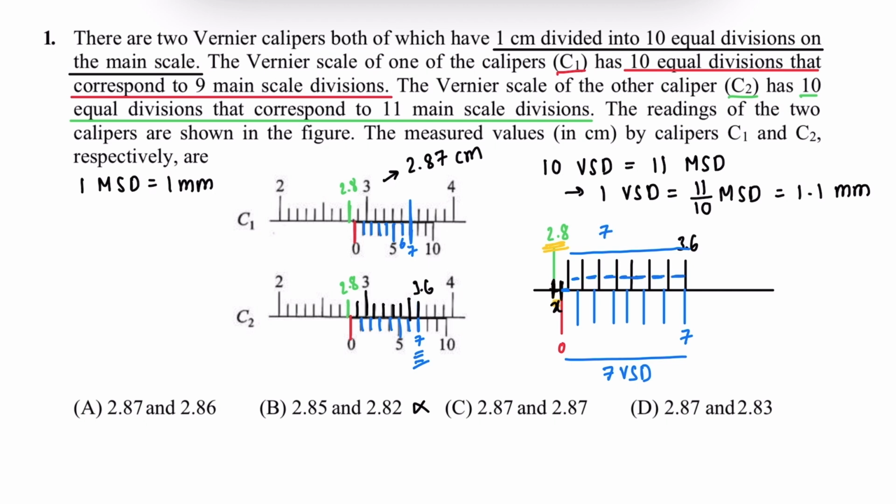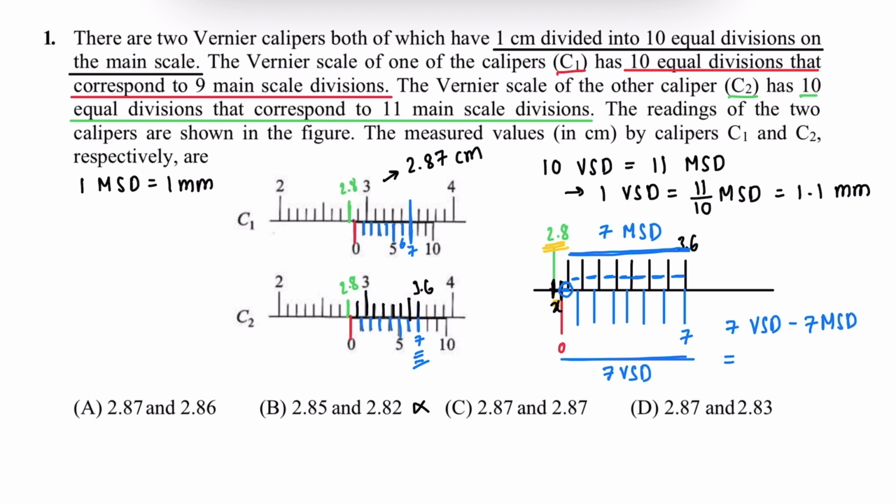This is also 7 main scale divisions. So if this complete thing is 7 vernier scale divisions, and this complete thing is 7 main scale divisions, then this distance that we're talking about right here is actually 7 VSD minus 7 MSD.